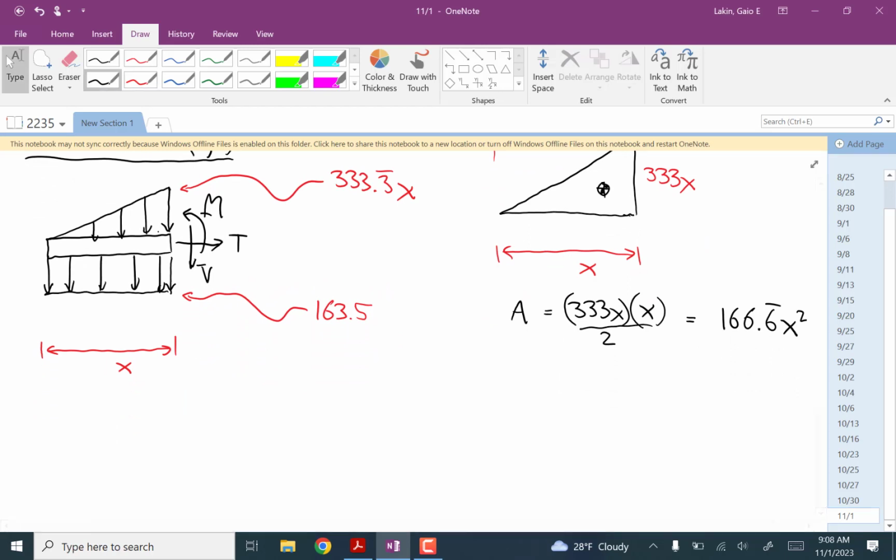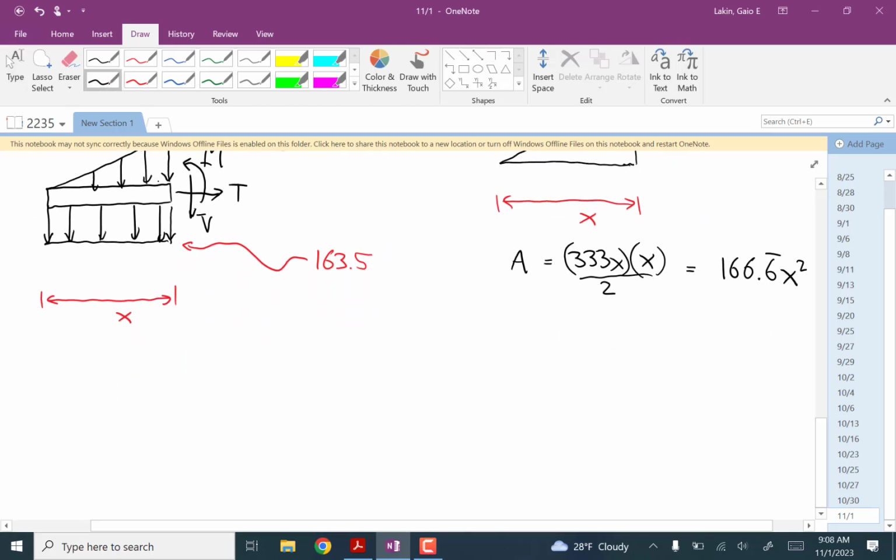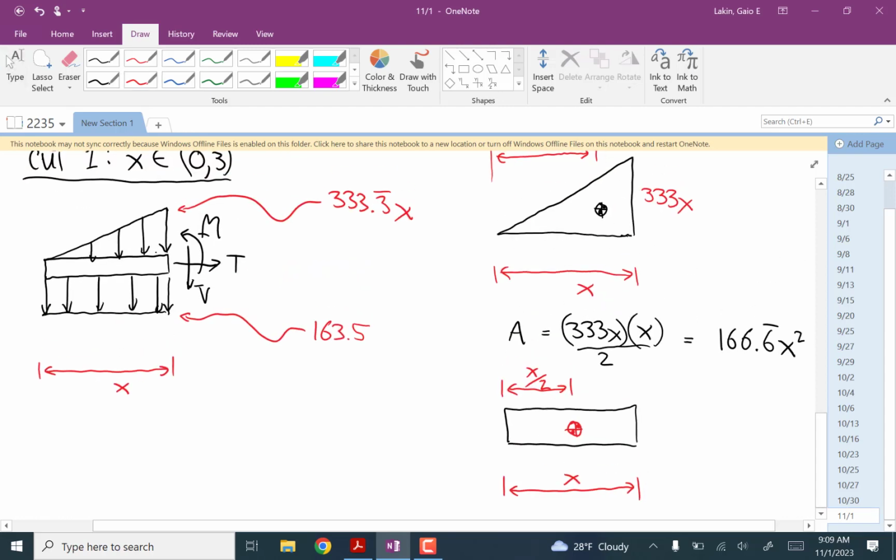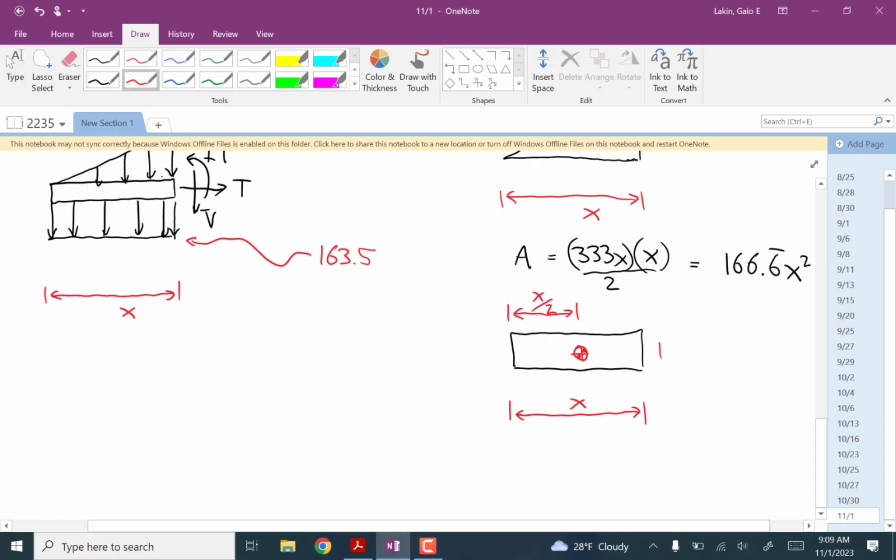And then we have to think about the rectangle too. That also has a width of x. The centroid is right in the middle. So if you're measuring from the left side to the centroid, that's x over 2. The height of this rectangle is 163.5.